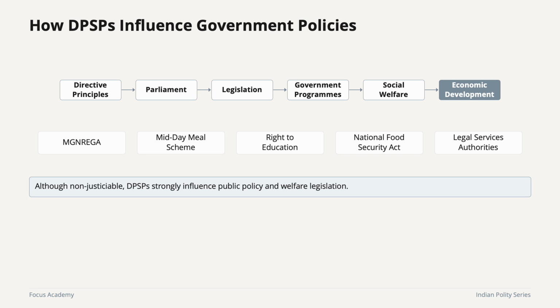MGNREGA, Midday Meal Scheme, Right to Education, National Food Security Act, Legal Services Authority, all of these were inspired by directive principles of state policy. So whatever policies the government makes, everything is on the basis of DPSP. Never forget that.